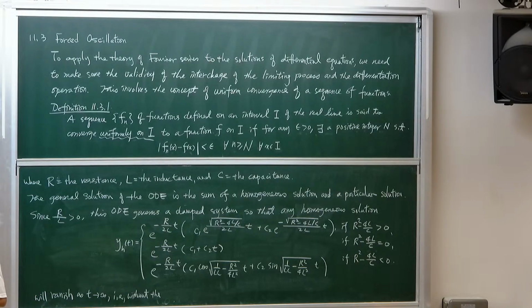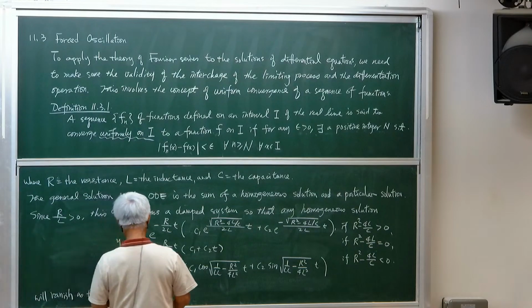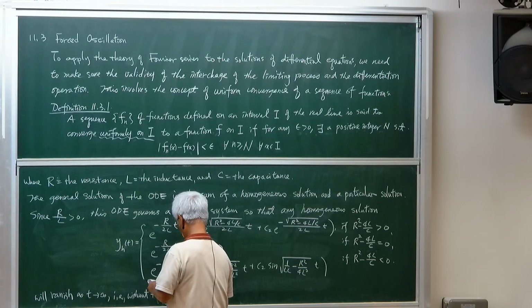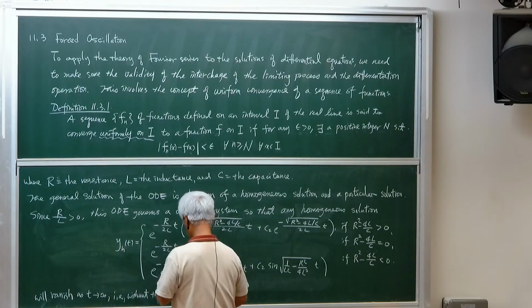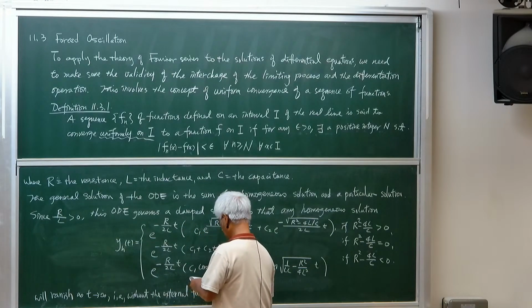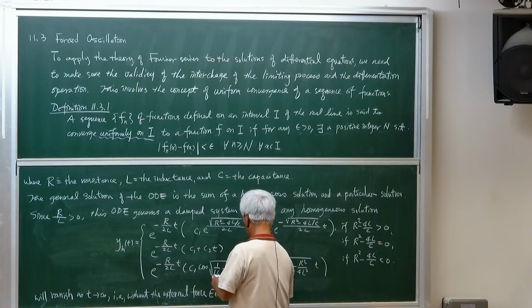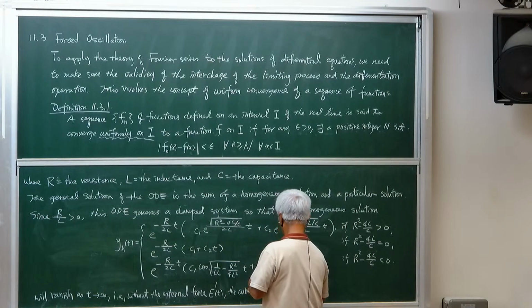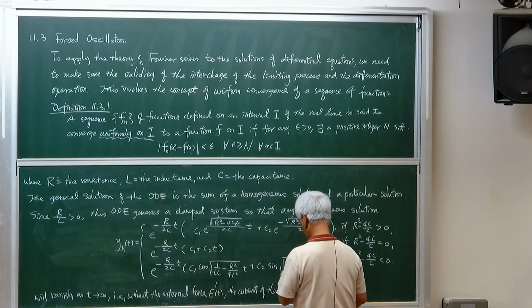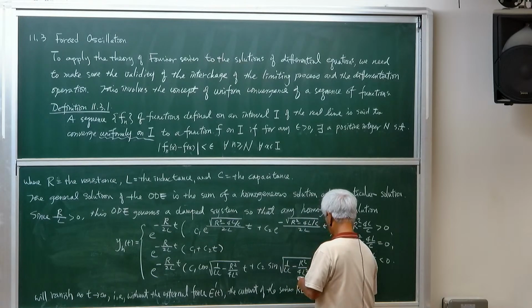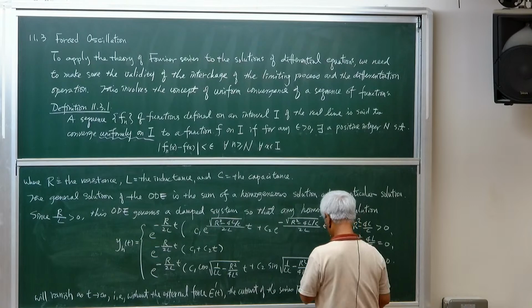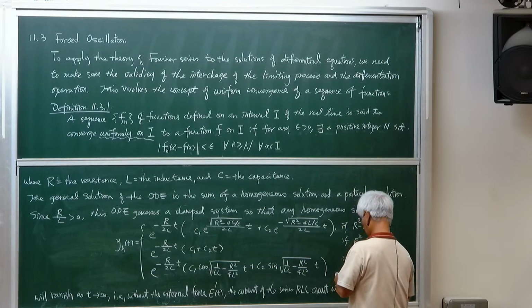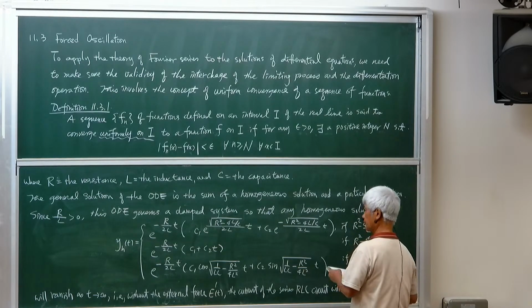So without the external force E prime of t, the current of the serial RLC circuit will diminish to 0.